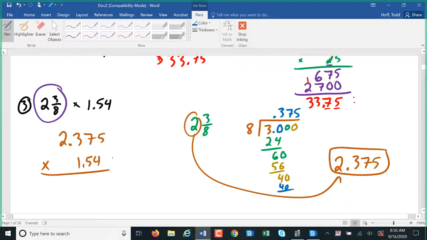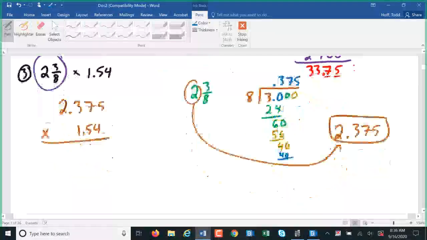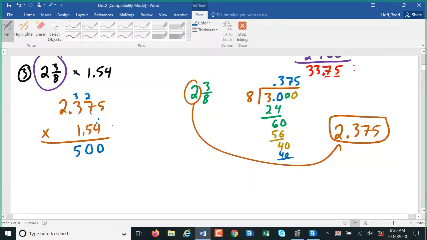This is a little bit of a longer multiplication. 4 times 5 is 20, so 0, carry the 2. 4 times 7 is 28, plus 2 is 30, so 0, carry the 3. 4 times 3 is 12, plus 3 is 15, so 5, carry the 1. And 4 times 2 is 8, plus 1 is 9.